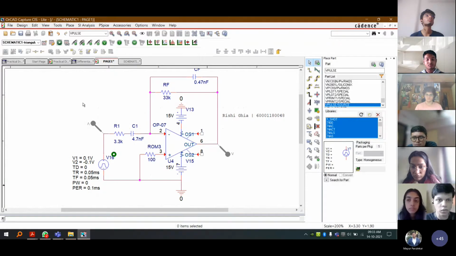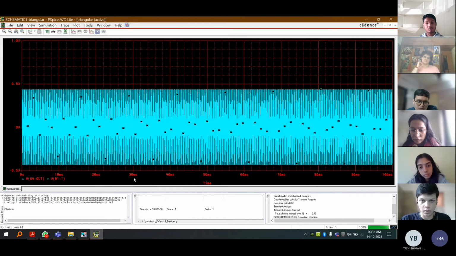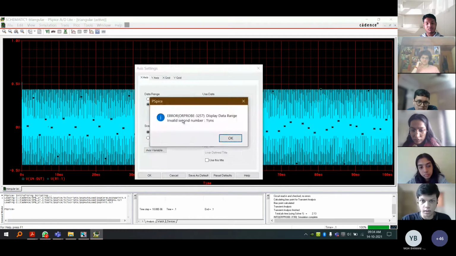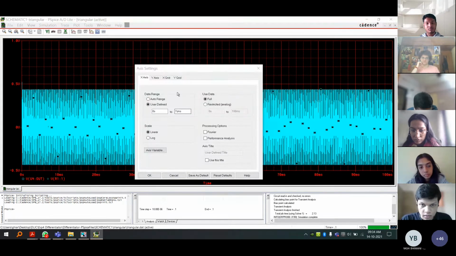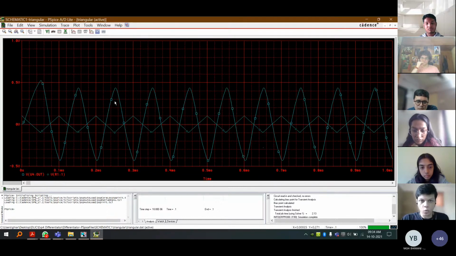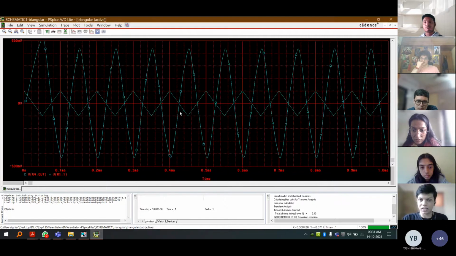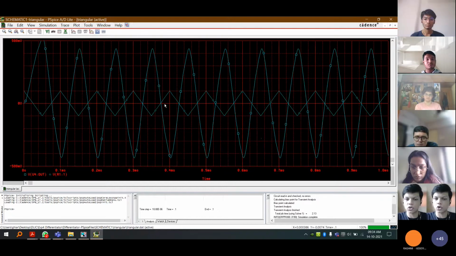Yeah, okay. So in simple terms, we can just take a look at this. I'll just take a look at the output once. And I'll make this 1 millisecond. So what is happening is that since we are at such a high frequency, we're at a frequency of 10 kilohertz, which is arguably extremely high, our op-amp is not quick enough.